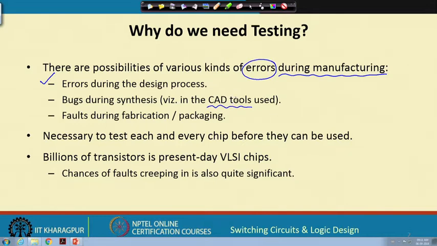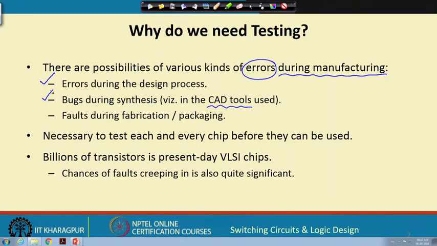There can be some errors in the tools themselves, because the tools are huge software, and testing huge software is an enormous task. There can always be some errors or bugs sitting inside those tools. And finally, during the fabrication or packaging there can be some faults. For example, when you are connecting 2 points using a wire, there can be a loose connection, or there can be a short circuit, this kind of error.